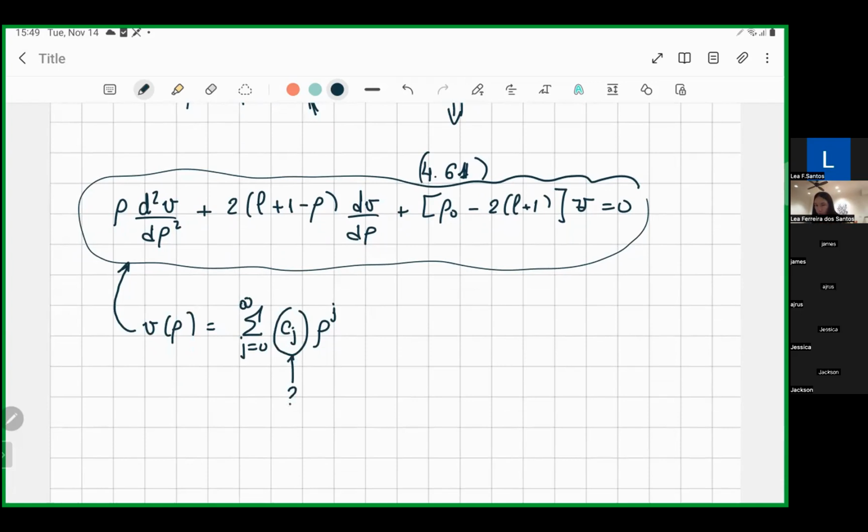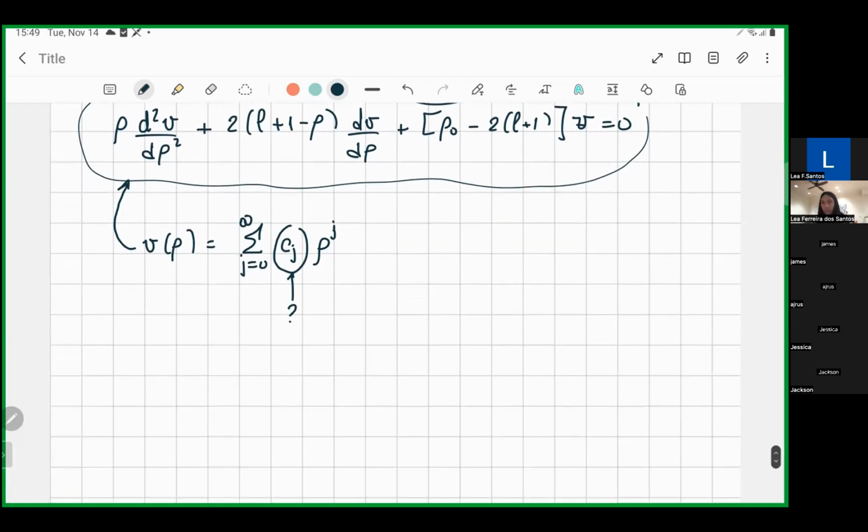I'm going to write the solution, then we'll discuss it. By doing that, we found an equation for these C's, for these constants there, which is written like this. Let me write it and then we'll talk.